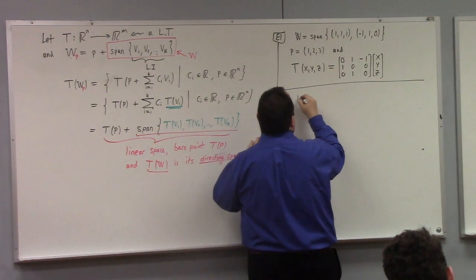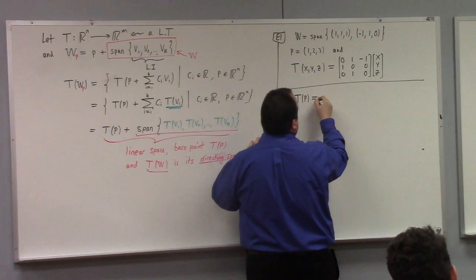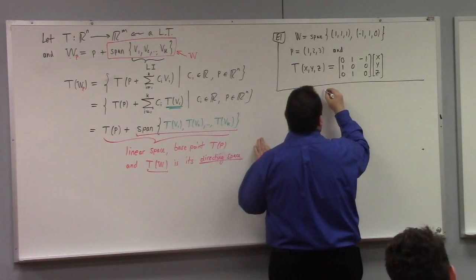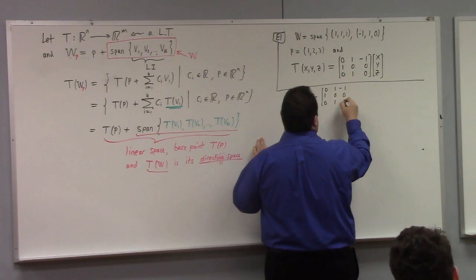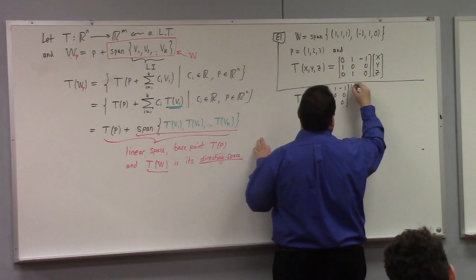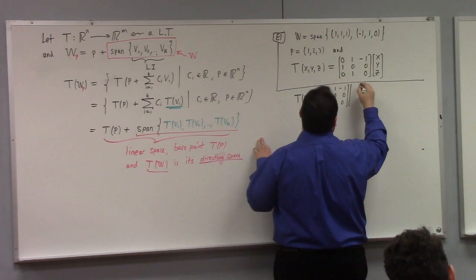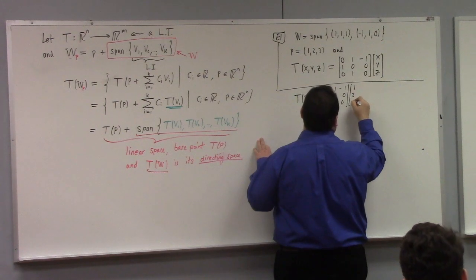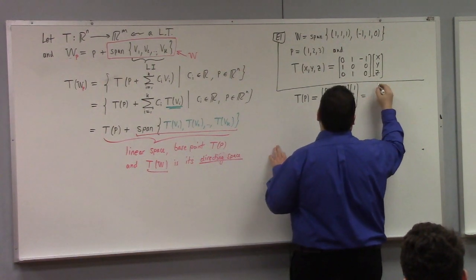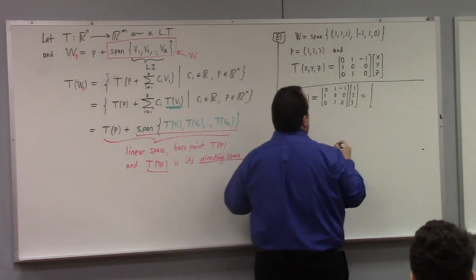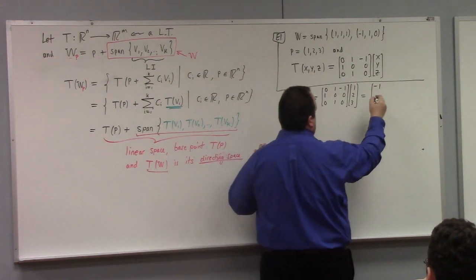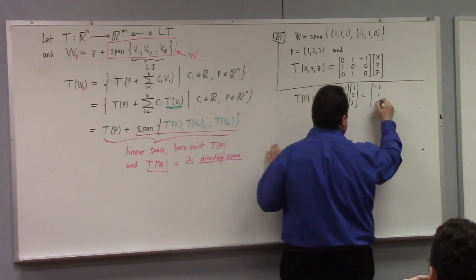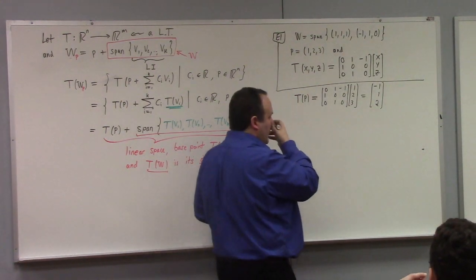We've got T of P is what? 2 minus 3 is -1, and 1, and 2. All right, so there's T of P.